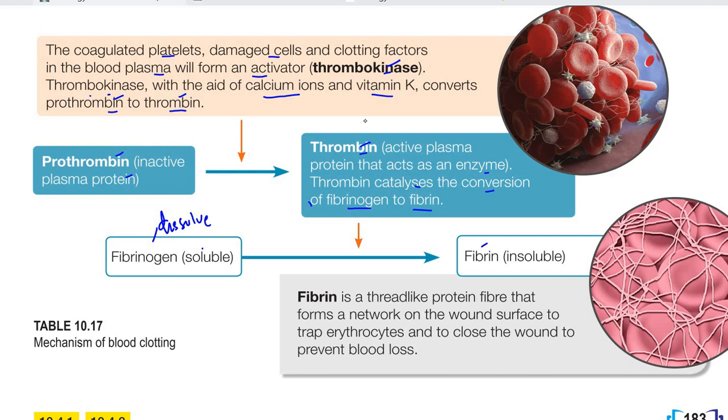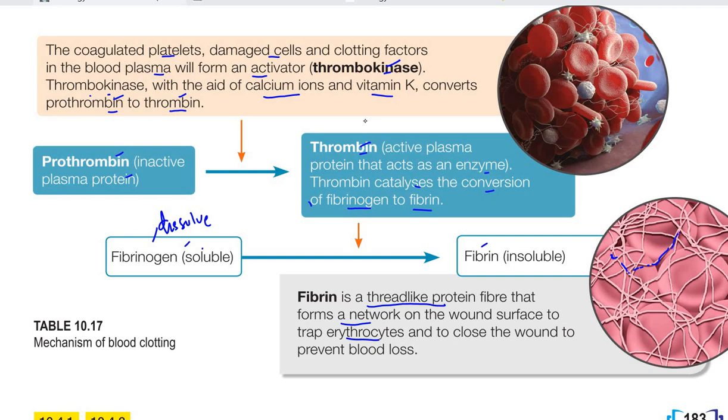Fibrin is actually a thread-like protein fiber that forms a network on the wound surface to trap erythrocytes and to close the wound to prevent blood loss. So fibrin is this thread-like protein, produced when the thrombin converts fibrinogen into fibrin.